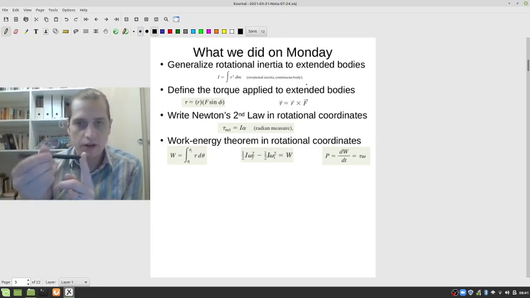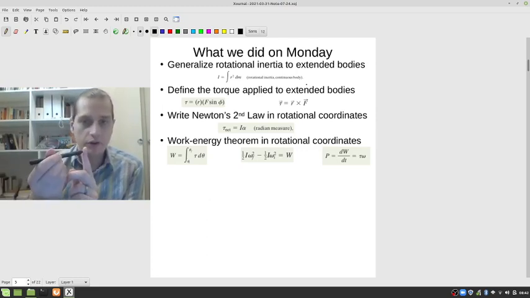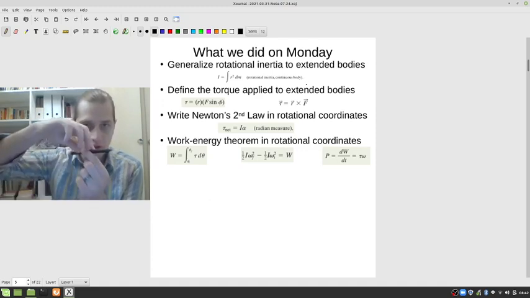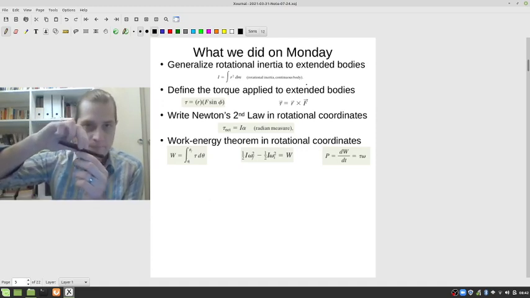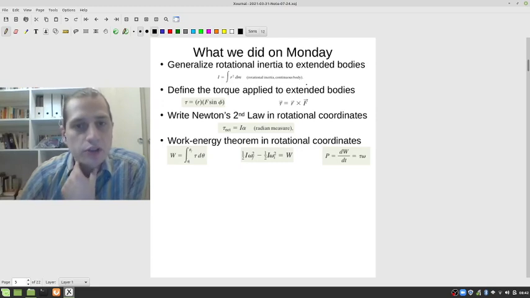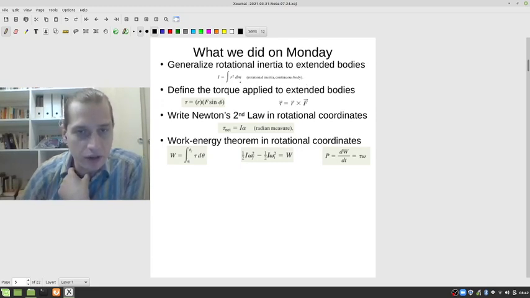If you spin it around the end, you get one moment of inertia. If you spin it around the middle, you get a different moment of inertia. That moment of inertia tells you something about how mass is spread out within your object. If it's really spread out, you've got a bigger moment of inertia than if it's close to the rotational axis.